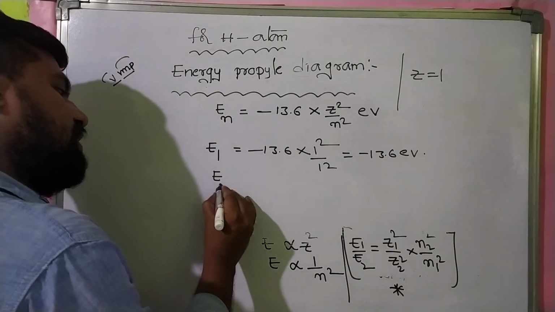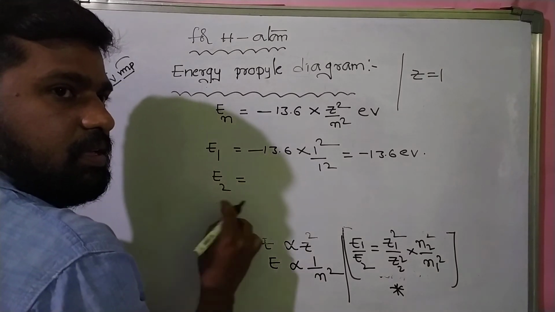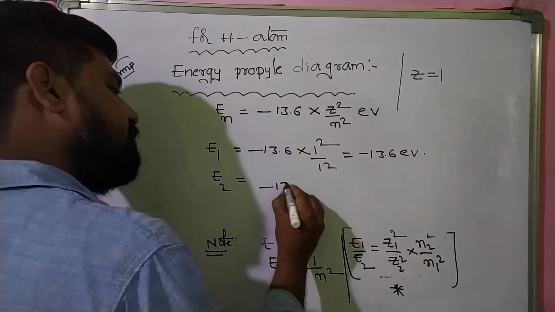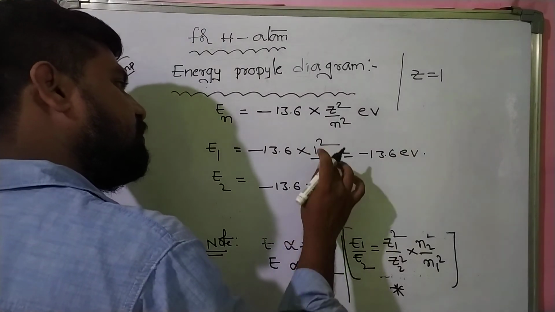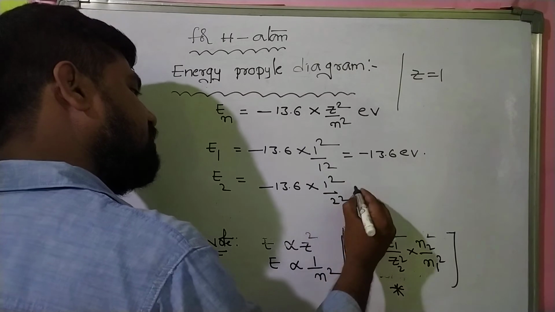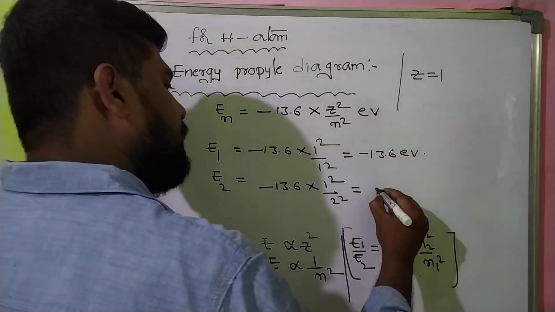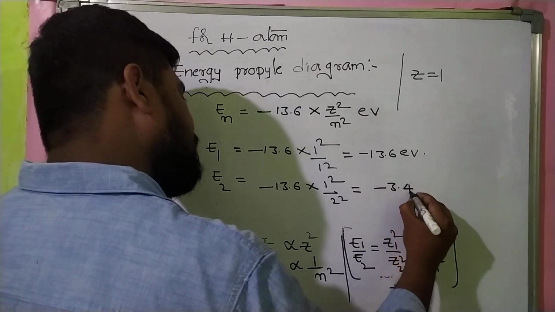And E2 means energy of electron in second energy level. That is minus 13.6 into 1 square by 2 square, which is minus 3.4 electron volts.